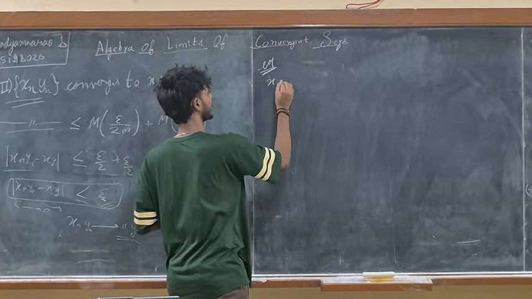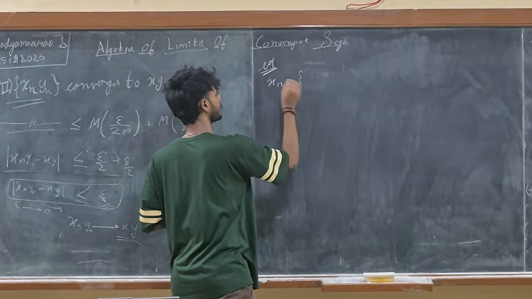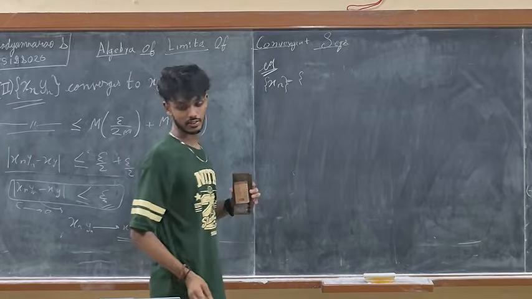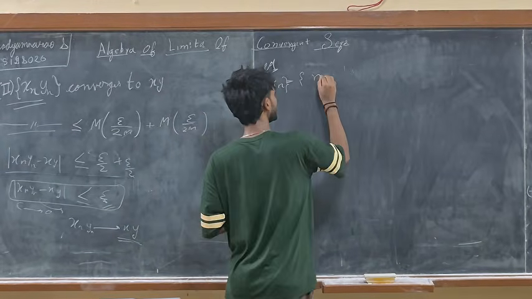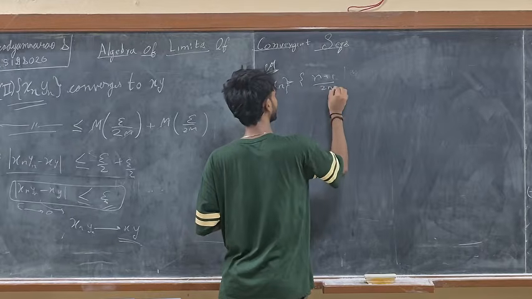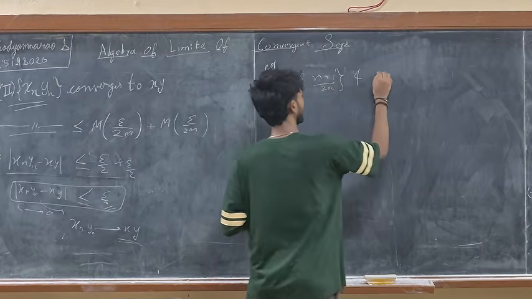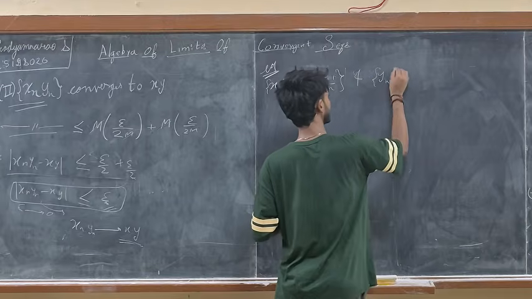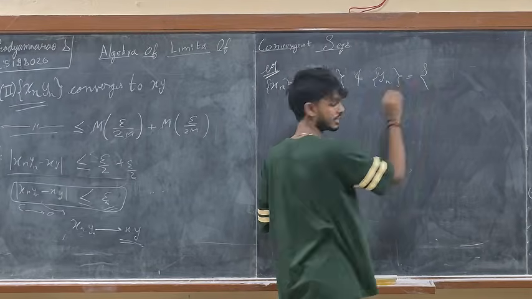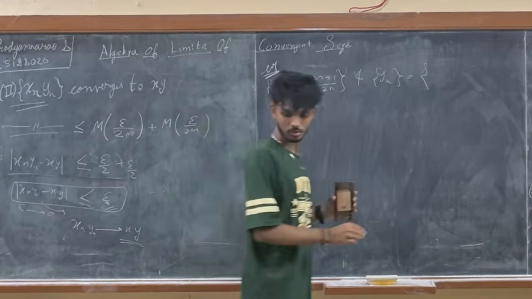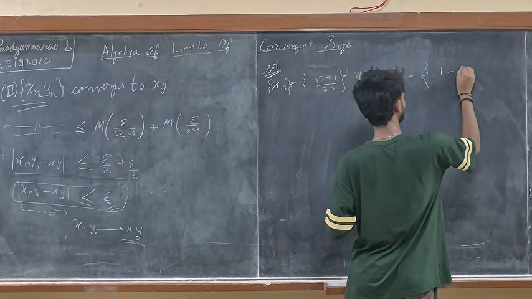Example: let my first sequence xn be n plus 1 upon 2, and my second sequence yn be 1 upon n, minus 1.